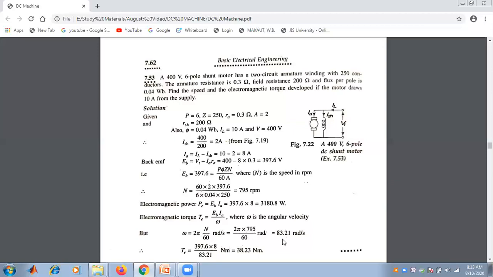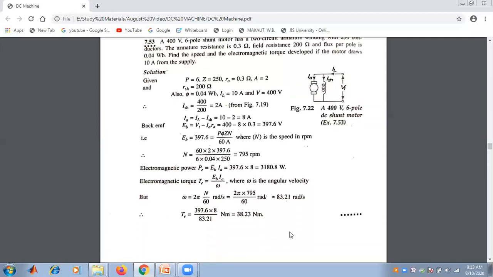Putting those values, it is 83.21 rad per second. So the electromagnetic torque is 397.6 into 8 by 83.21, that is 38.23 Newton meter. This is the way we calculate the torque of a DC motor for that particular problem.